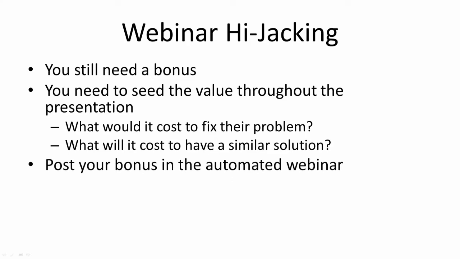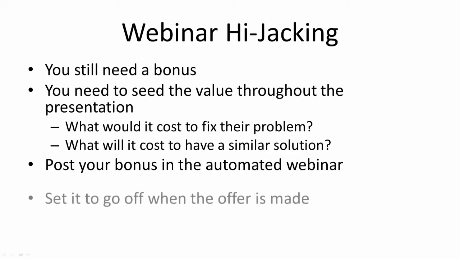You want to make sure that whatever facility you're using for your automated webinar, your potential customer can see the bonus. So in other words, use a visual representation. If you have a graphical software box or something that they can actually visualize, what it is they're going to be getting as a result of picking up the purchase through your affiliate link when you are webinar hijacking.